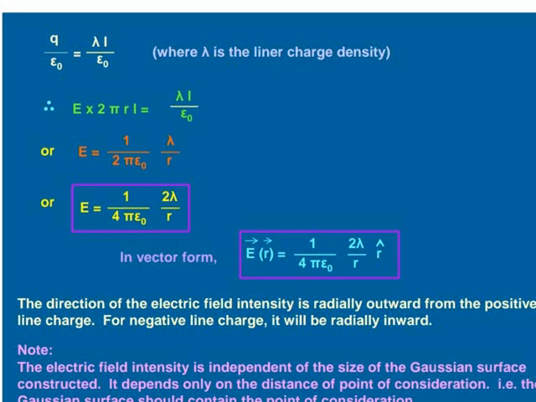The direction of R cap will be radially outward for the positive line charge, and if in the question the line charge is carrying negative charge, then the direction will be radially inward. So you have seen that the electric field intensity is independent of the Gaussian surface constructed. It only depends upon the distance of the point of consideration, and that point must lie on the Gaussian surface.